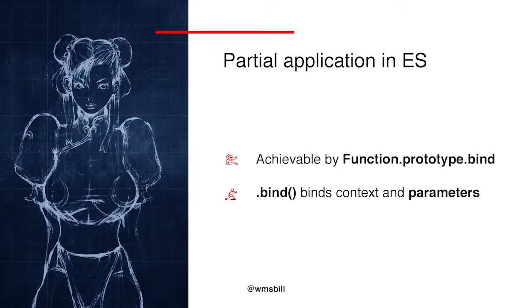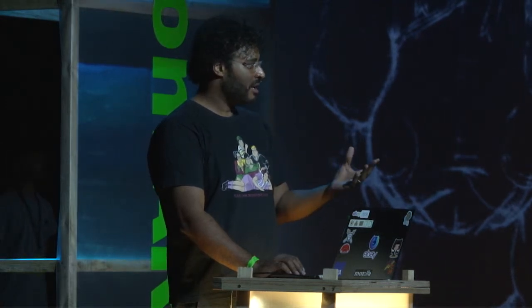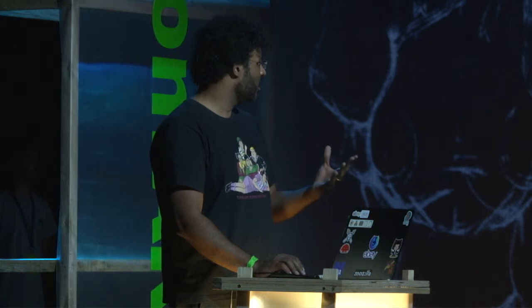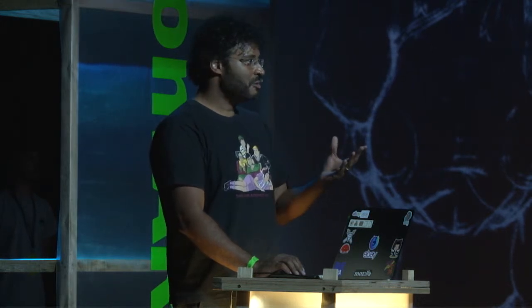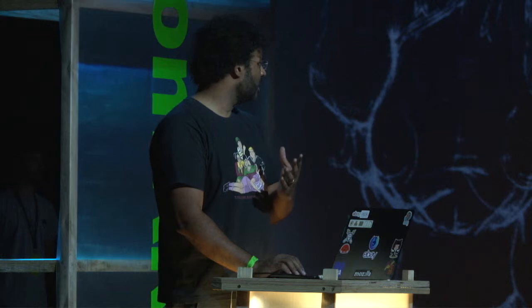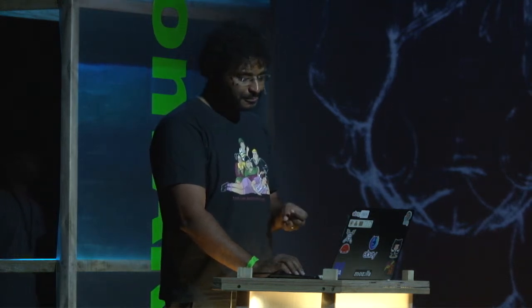But I think we can do it better, because we have a way to achieve partial application right now in ECMAScript, which is Function.prototype.bind. And it's tricky because oftentimes we think that bind just works for binding the context, but the bind method accepts more parameters: the first one is the context, and the following parameters are the list of arguments that we want to bind to that function.